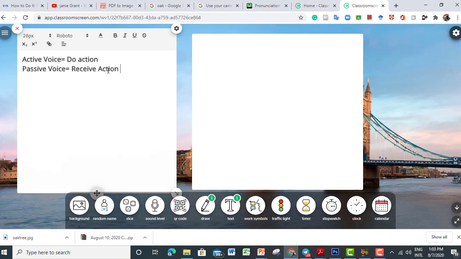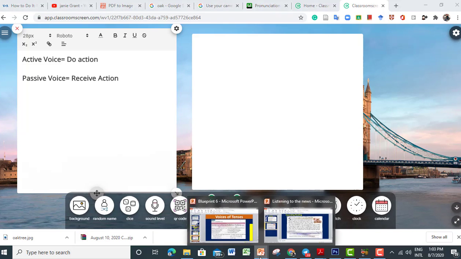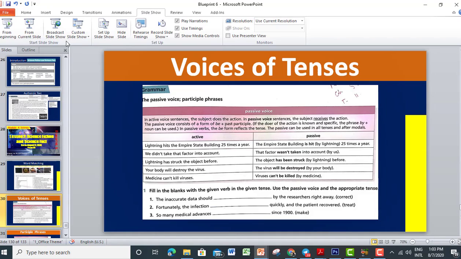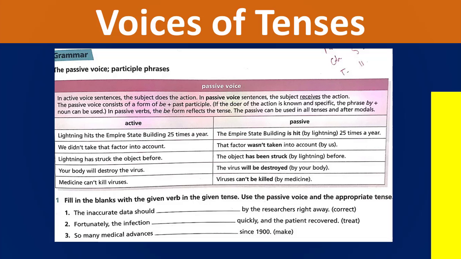Okay, the difference is like this, but they also have different forms as well, everyone, when you talk about the active voice and the passive voice. So let's look at this form again. The passive voice consists of a form of be plus the past participle.